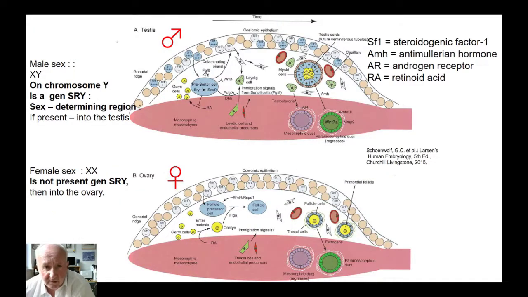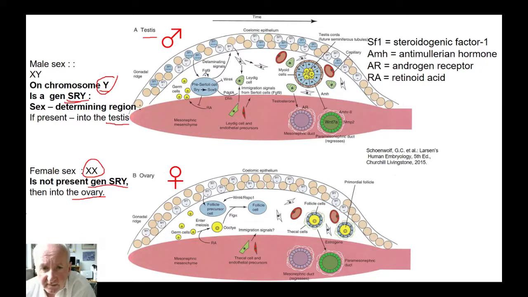And now, in a male, it's clear that on this chromosome one gene is present, the sex-determining region, and if this gene is present on this chromosome, the development will go into the testes. In girls, in ladies, when this chromosome is missing, this gene is not present, and the development will go into the ovary.